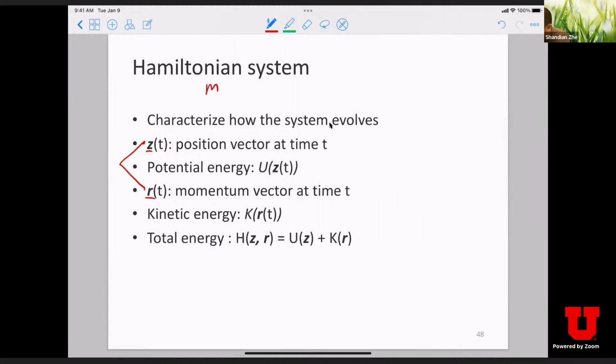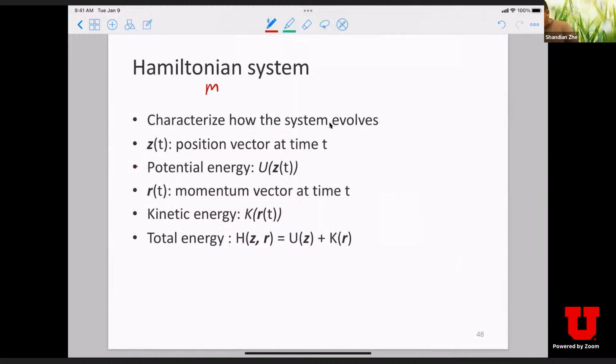Because it's an m-dimensional space, your position should be represented by an m-dimensional vector, and your momentum, which is just the mass multiplied by the velocity, should be an m-dimensional vector as well. So we can represent the position vector at time t by z_t, and the momentum vector at time t by r_t. Does it make sense?